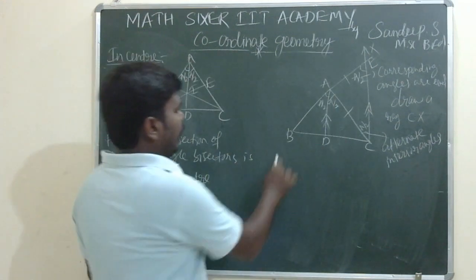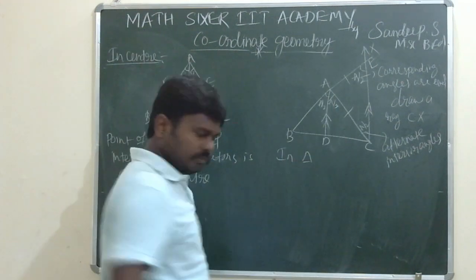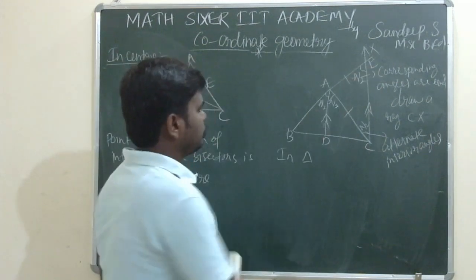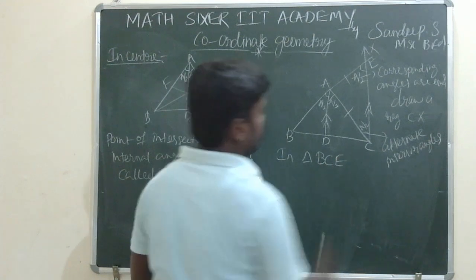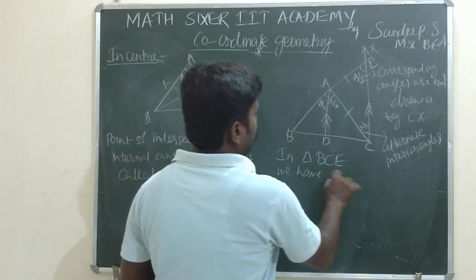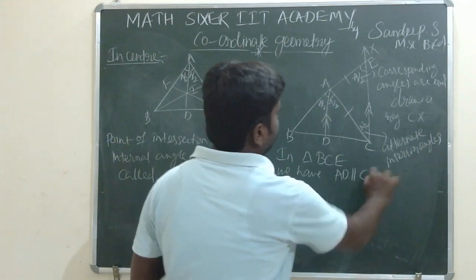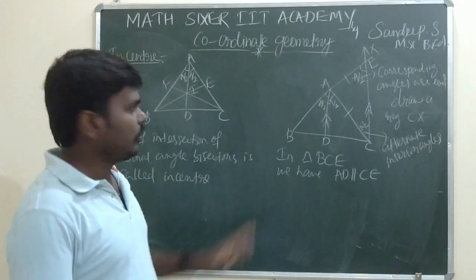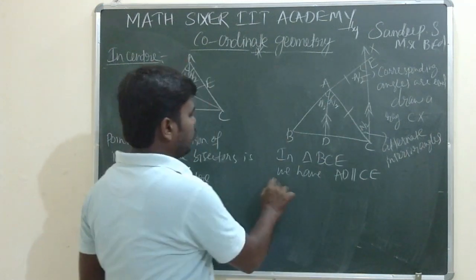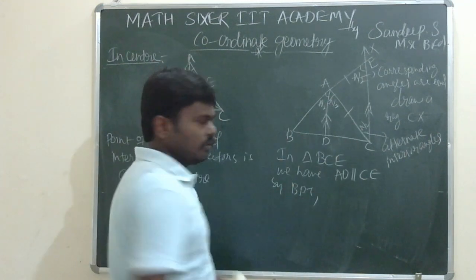And also here in triangle BCE, we have AD parallel to CE. So by the BPT theorem, basic proportionality theorem, what we can write?